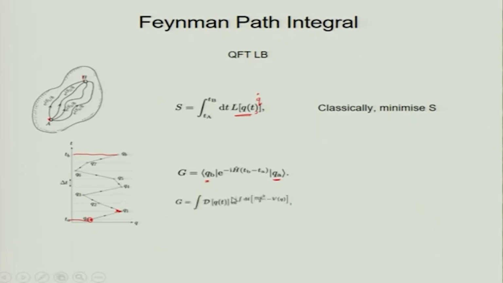So this is e to the power i S by h bar. This is the probability amplitude for a given path, and you sum up over all paths. Okay. So this integral, and this dq, is a functional integral.